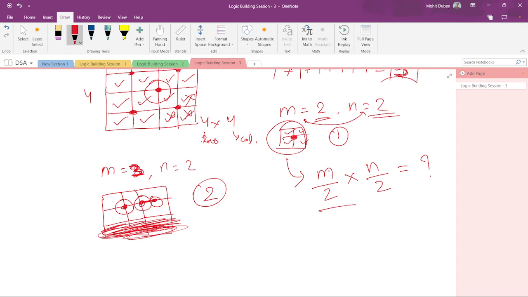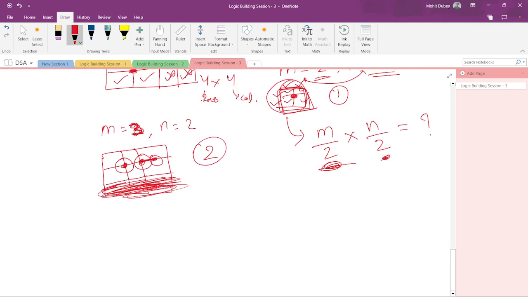By one supply we are covering 4 army bases. So there are 2 rows, there are 2 columns. So the rows divided by 2 and the columns also divided by 2, right? This division by 2 is because for one supply we can cover at most 4 army bases, right?